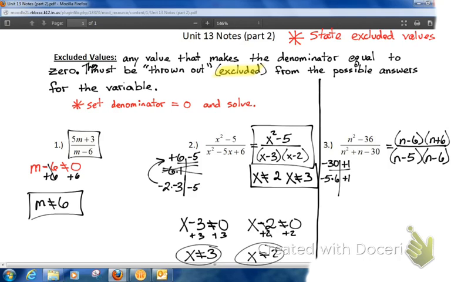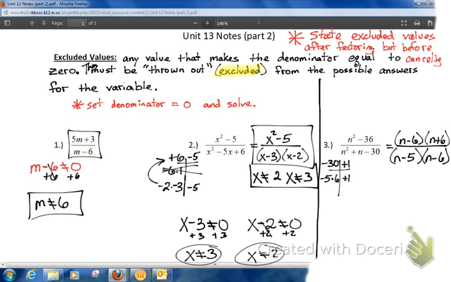State excluded values after factoring but before canceling. Alright, so again, state excluded values after factoring but before canceling.